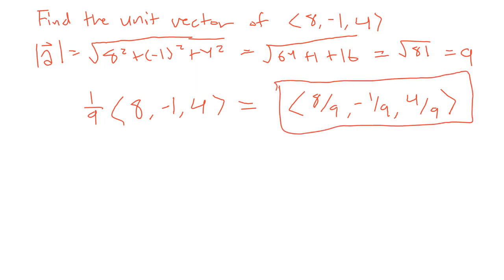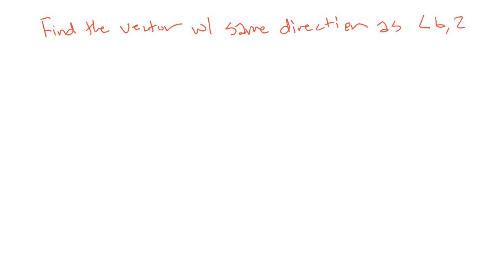All right, and then just to save us a few minutes, I'm going to leave y'all with a challenge problem for this. Find the vector with the same direction as 6, 2, 3 with length of 4.